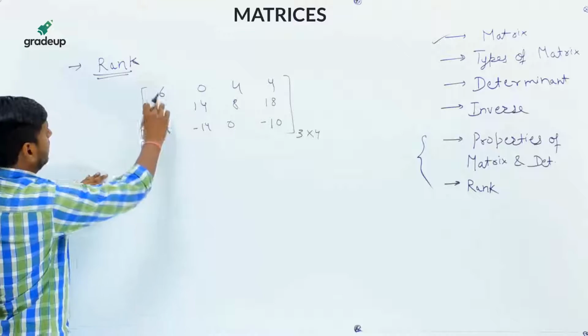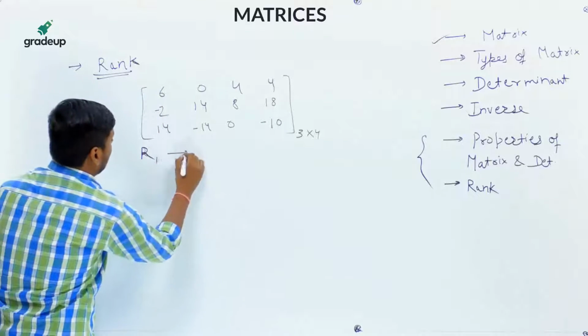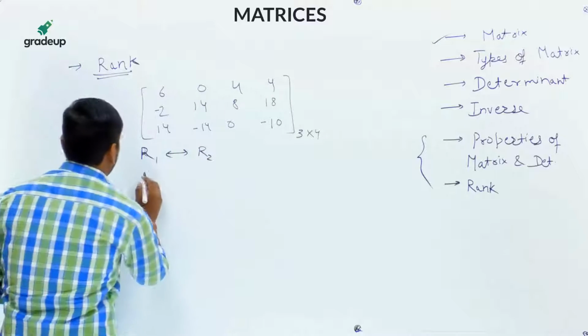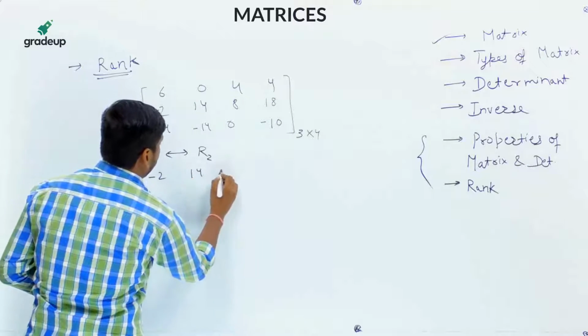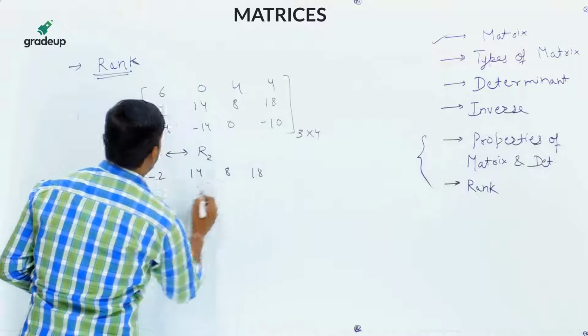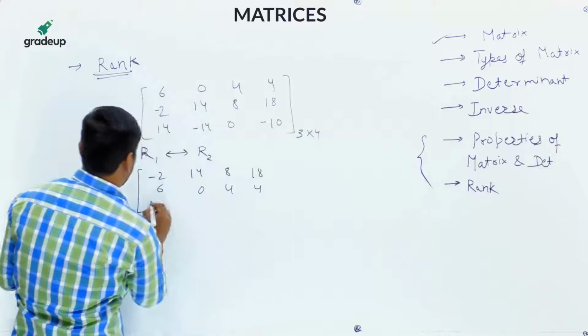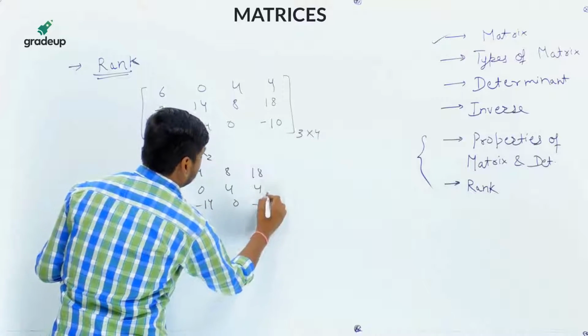Okay, interchanging the first row with the second row. R1 is interchanged with R2. Minus 2, 14, 8, 18, 6, 0, 4, 4, 14, minus 14, 0 and minus 10.